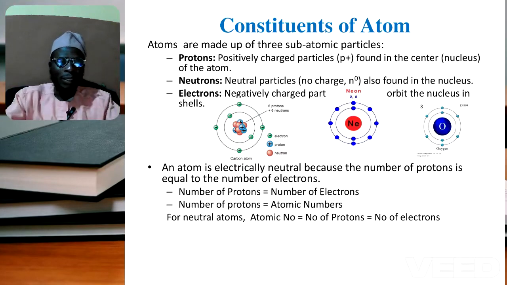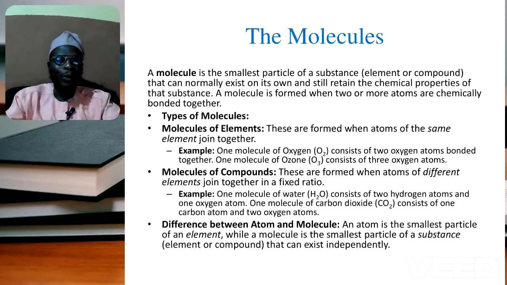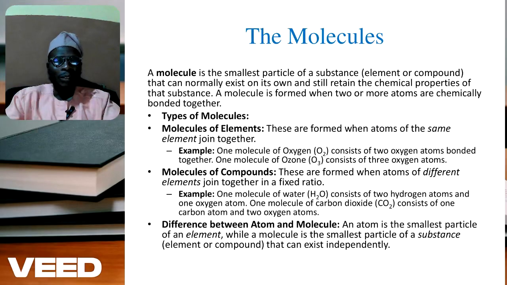So when we reach there. Now the next one here is molecule. What is a molecule? A molecule is the smallest particle of a substance. That substance may be an element or compound that can partake in a chemical reaction and still retain its properties.